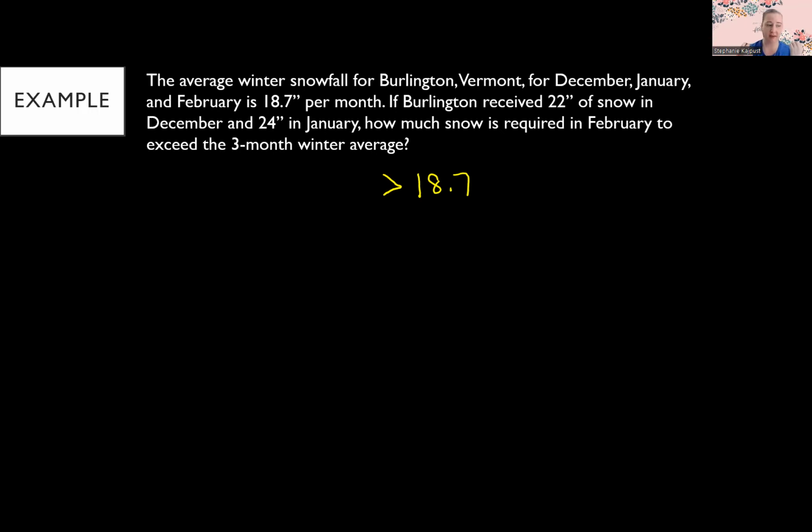When you're finding the average for things, you add them up and then divide by how many things you've got. So we've got 22 inches in December and 24 inches in January. And then we're figuring out February, and you take those and divide by how many you're adding together. We're adding 3 things together because we had 3 months.